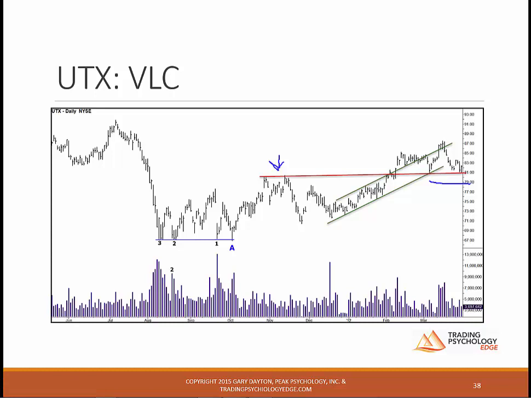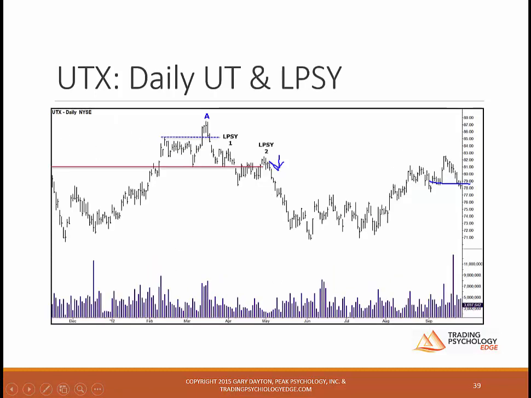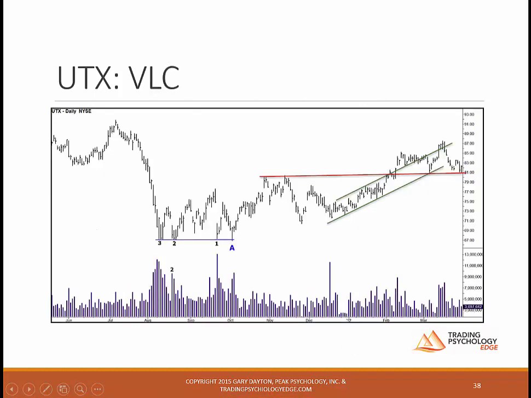So we might buy that in here. But let's take a look at what happens. If we go back, we're looking now at this segment on the next chart.